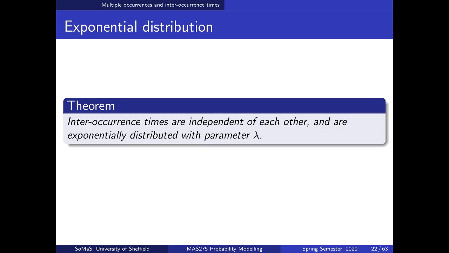The first thing we're interested in today is this theorem. It's very strong. It says that the inter-occurrence times are independent and all have the same distribution, which is the exponential with parameter lambda.